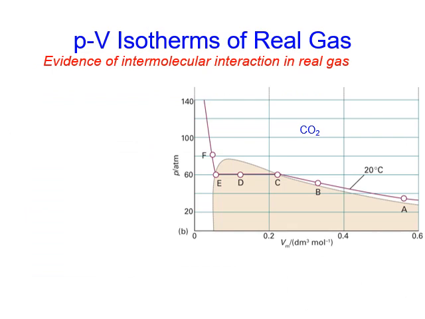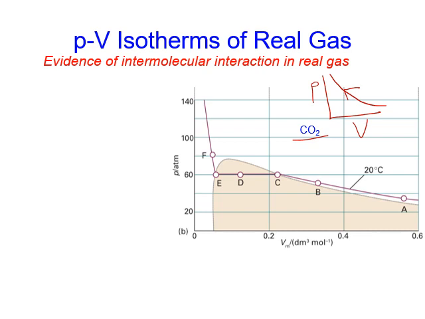Let's plot the PV isotherm for a real gas, for example CO2, at 25 degrees. Now, if carbon dioxide behaves as an ideal gas, then the PV curve should show a hyperbola: increase pressure, decrease volume, and that's Boyle's law.